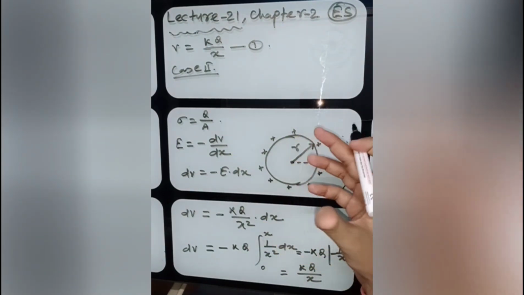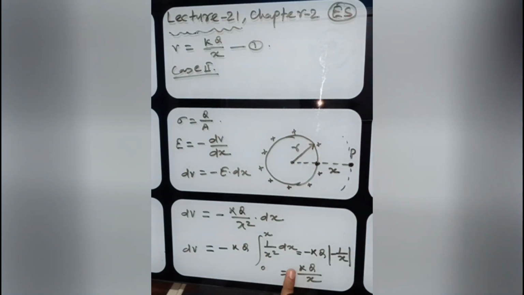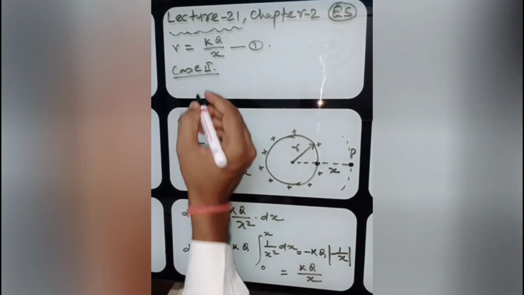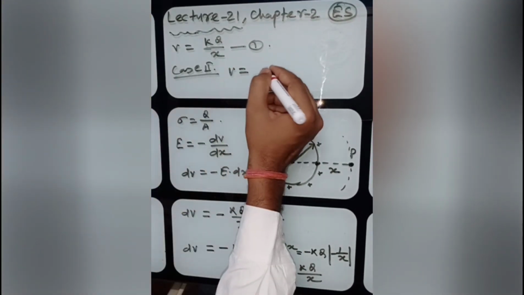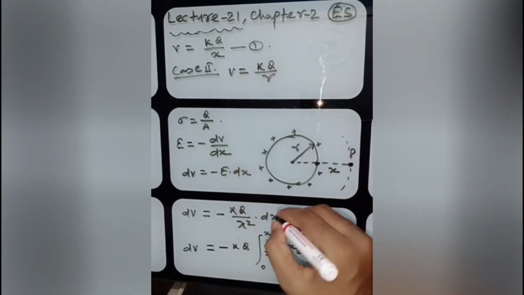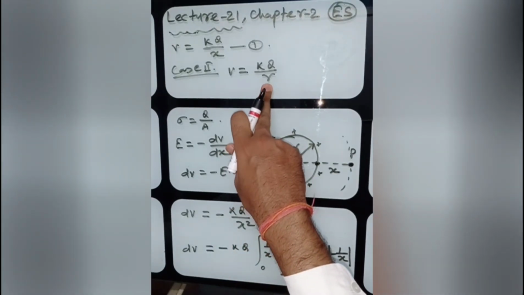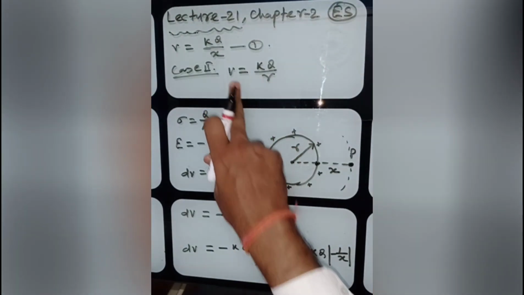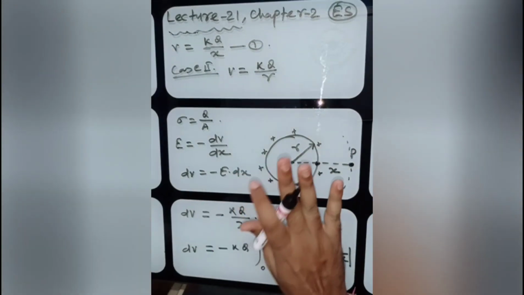Only the radius. K is constant, charge remains constant, x will change. So at the surface V will be kq by R. Remember, it is kq by R. Since R is smaller than x, this potential will be larger. As you move away from the center of the cell, potential will decrease.